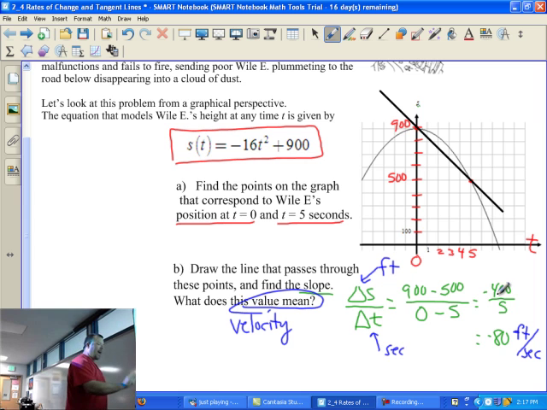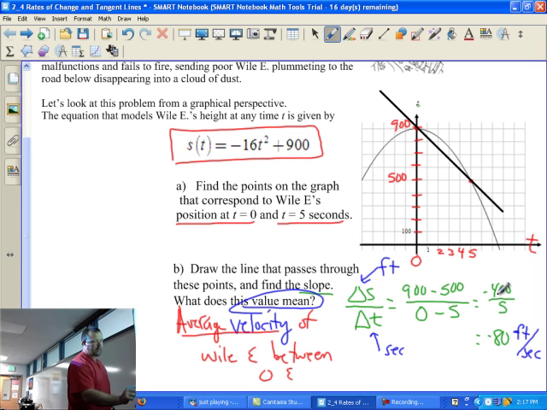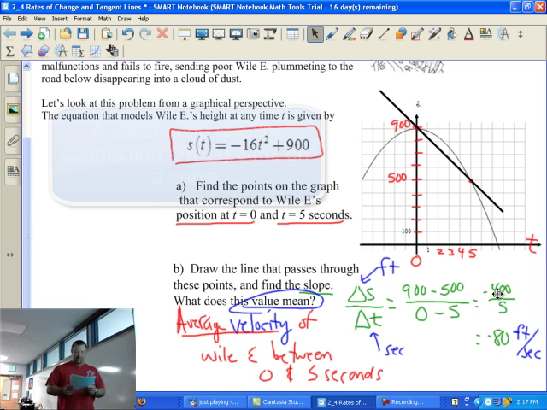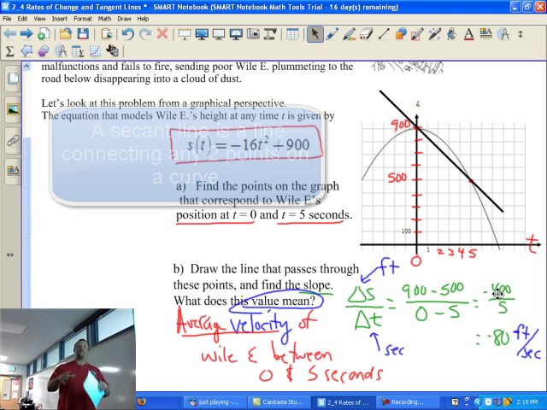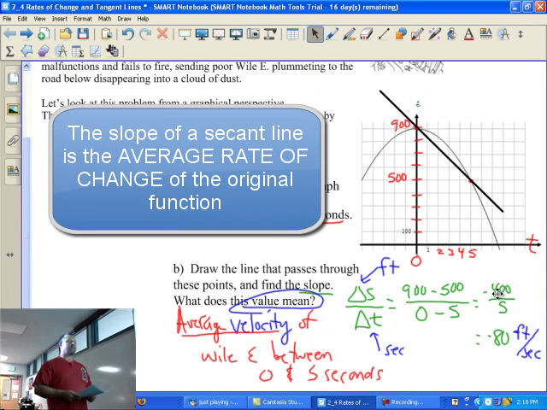It's actually the average velocity of Wile E. Coyote between 0 and 5 seconds. Okay, so what we have here is a secant line that is any line between 2 points, and its slope is the average rate of change of the original function between those 2 points.